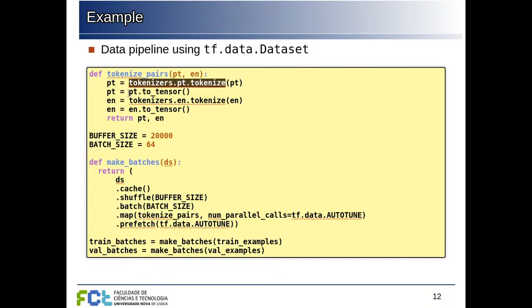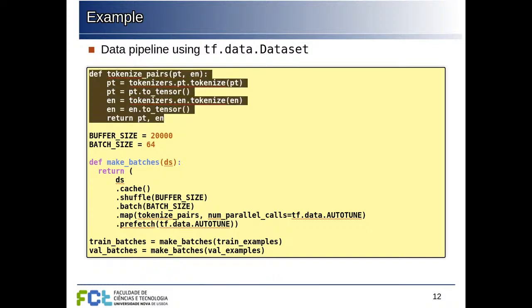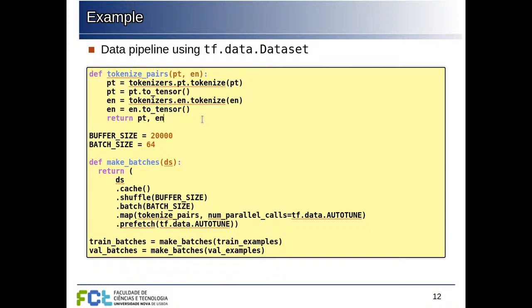And then we use the tensor to create a tensor with the correct dimensions, padded at 0 where there are no words, and so on. So we are going to create these tensors in this function. So this function will use the tokenizer and convert the sentences in the data set to tensors with integers indicating the identifier of each word.